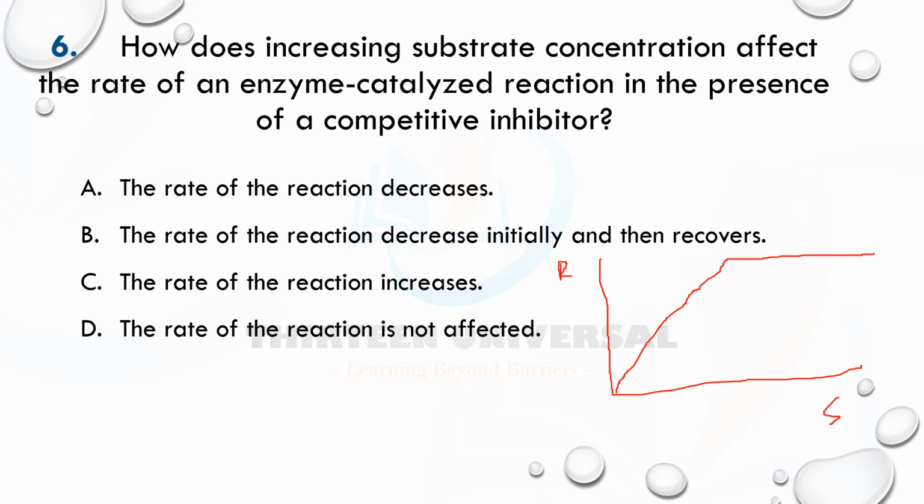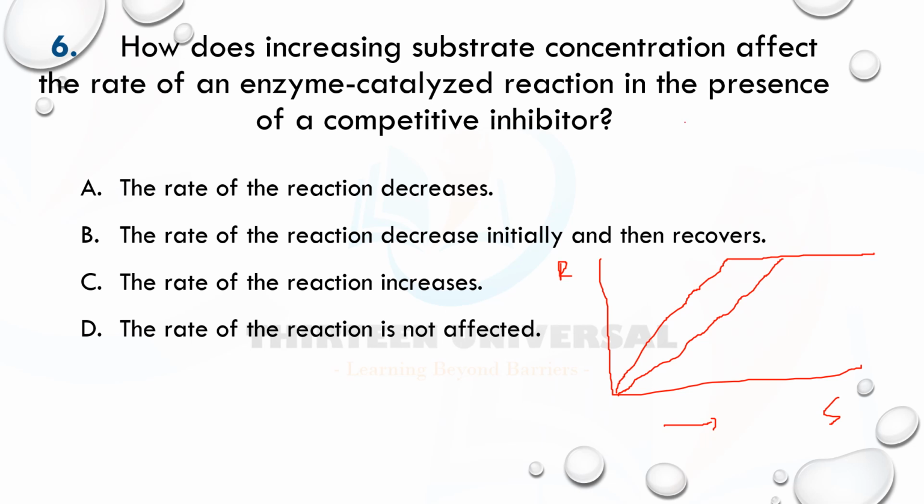But if you add a competitive inhibitor, it will continue to increase as long as you keep increasing substrate concentration. The reaction will continue increasing because we have more substrate molecules.